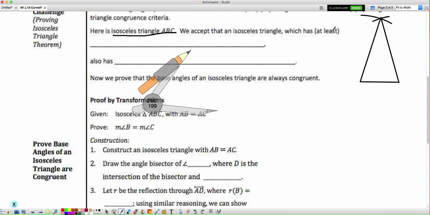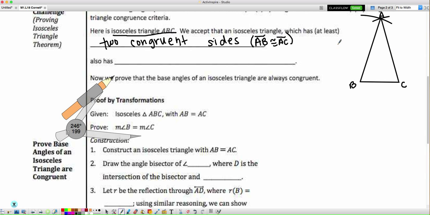We accept that an isosceles triangle, which has at least two congruent sides, like it does here. So maybe let's call this A, and then we'll call this B and C. So two congruent sides in our case is AB is congruent to AC.